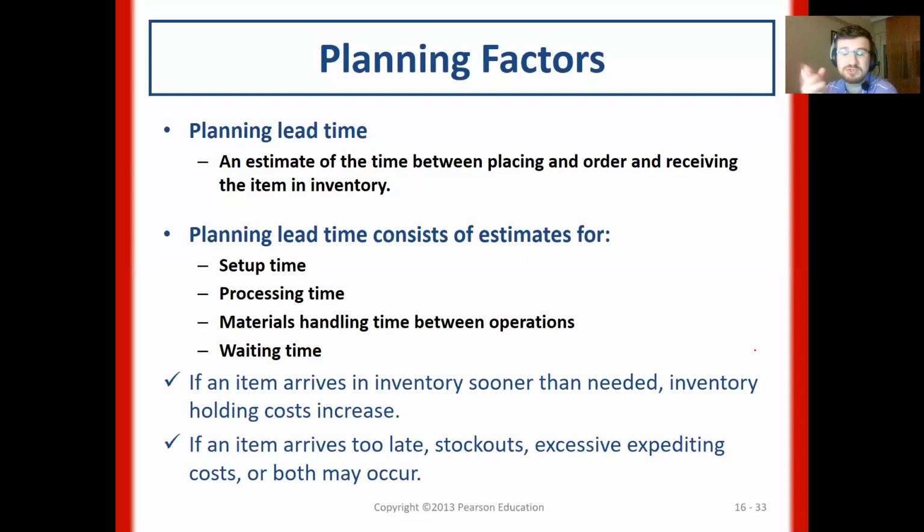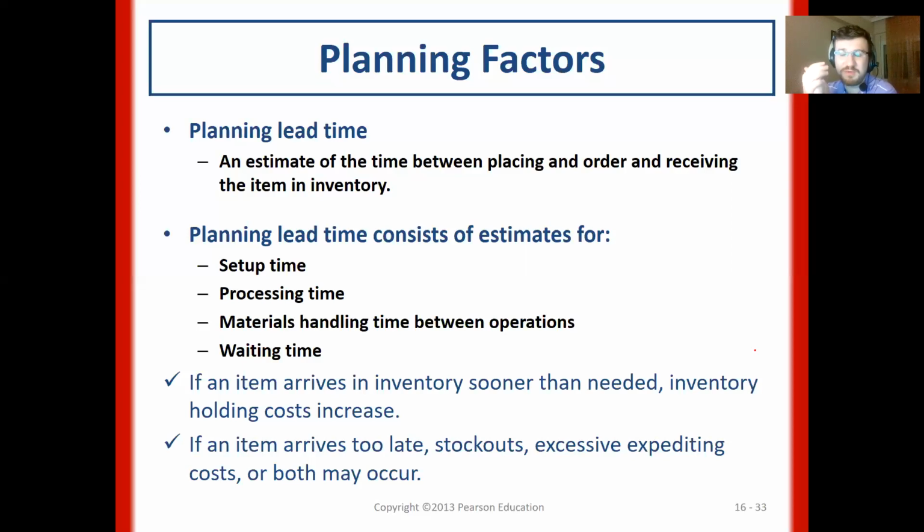Because it consists of different items such as setup time for machines, setup time for equipment, processing times of the raw materials, and materials handling time between workstations. If there is a queue, how much they are going to wait. The waiting time will also affect the lead time to finish that production order.